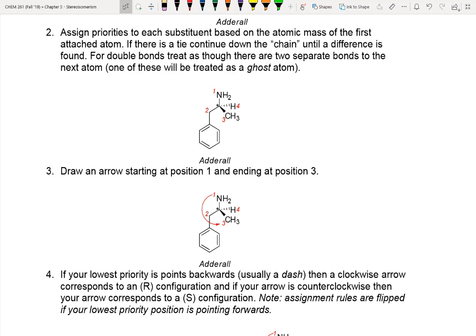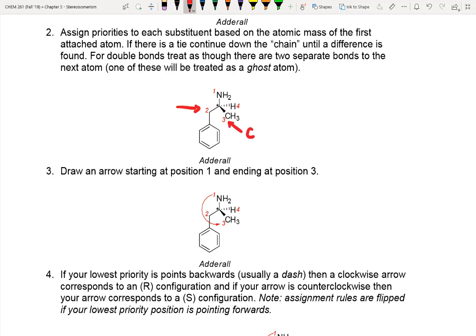So if we look at the periodic table, it looks like nitrogen's heavier than carbon, right? So therefore, I labeled that as priority number 1 because nitrogen's the heavier first atom. Make sense?